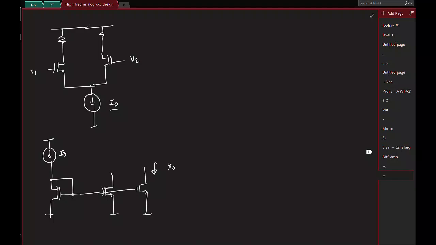Now if you want to improve it, one thing you can do is, I have a current source, I want to make it a better current source, I can put a current buffer here, right? This is a current buffer. That will basically make it a better current source. And what is the current buffer? Common gate, right?